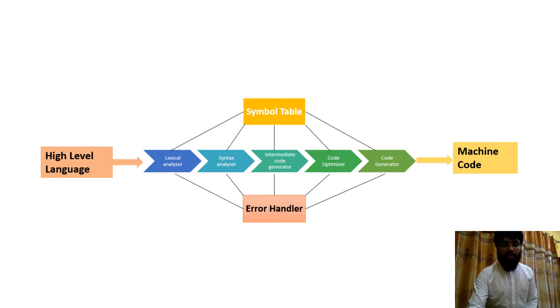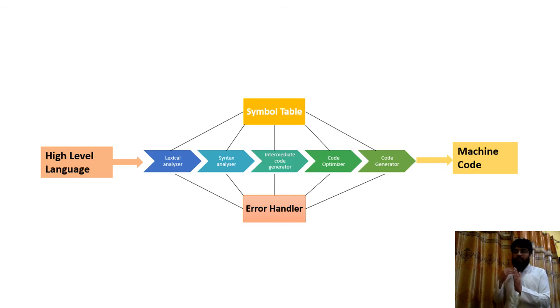So here we go. I picked up a picture from the internet, which helps us easily understand the high-level language and how it is used inside a compiler. First, symbol tables are created.